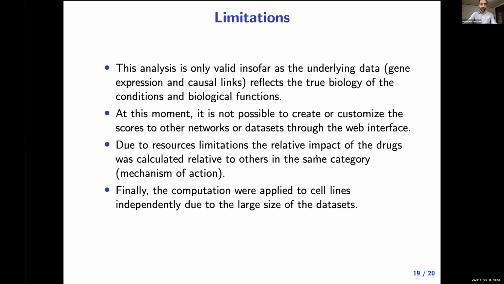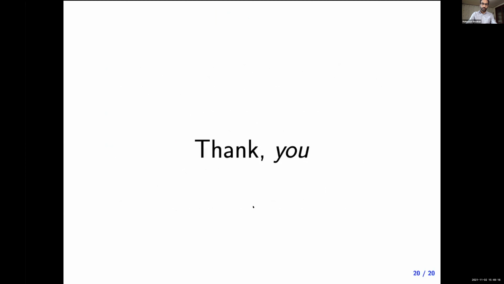And for this exact reason, we also couldn't calculate the relative scores on all the networks and all the cell lines, but we had to divide them into groups. And then this computation is applied to the cell lines independently again, because the data size is very large for the resources that I have.